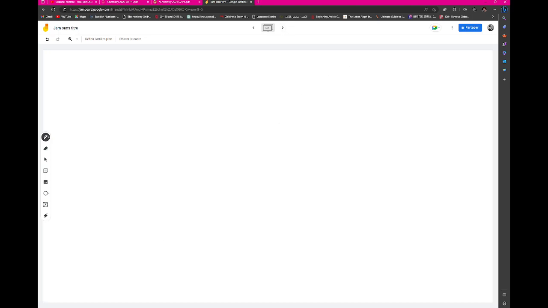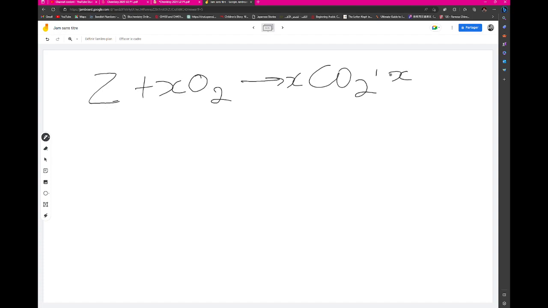We say we have Z, and we burn Z with oxygen. We don't know how much oxygen is there, but that's not a problem. And we're going to get carbon dioxide and water. We don't know how many moles of carbon dioxide or how many moles of water.